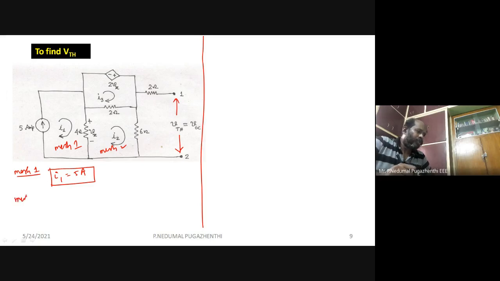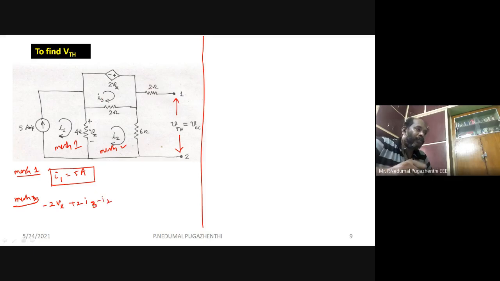if you take mesh 2, what is the equation? The equation is minus 2 Vx, minus 4, is that minus 4 Vx or 2? Okay, sorry, this is mesh 3 actually. Minus 2 Vx plus 2 into I2, is that I3 minus I2? Yes, it is I3 minus I2.